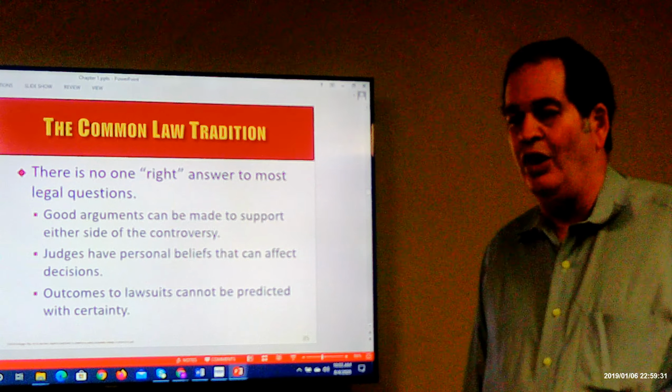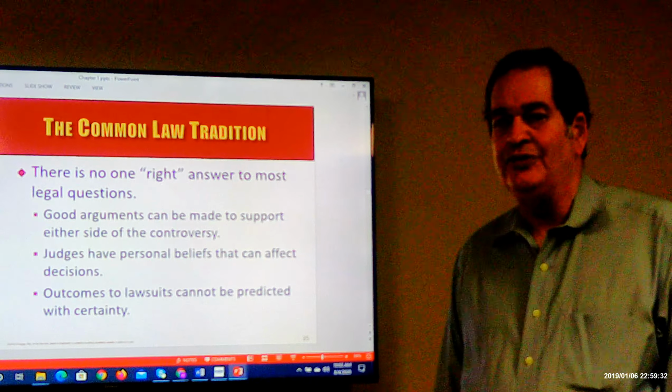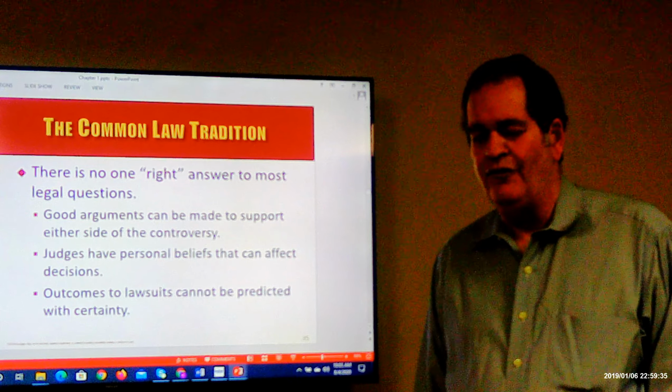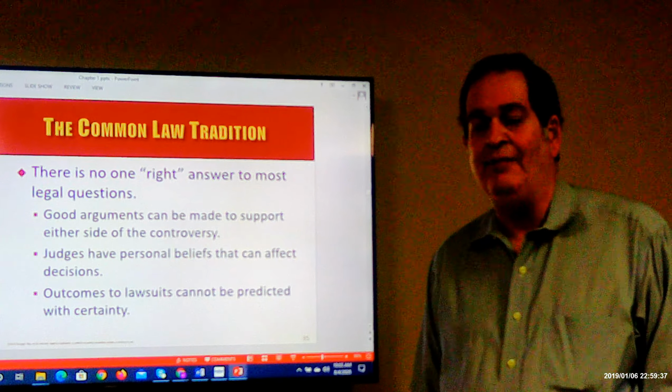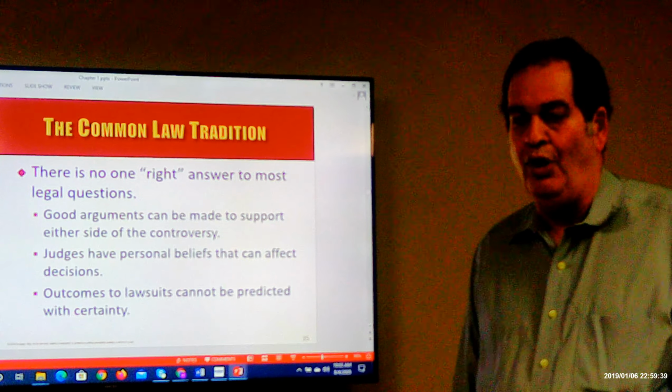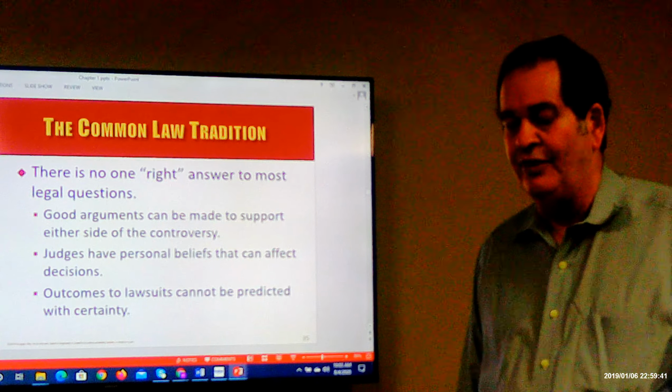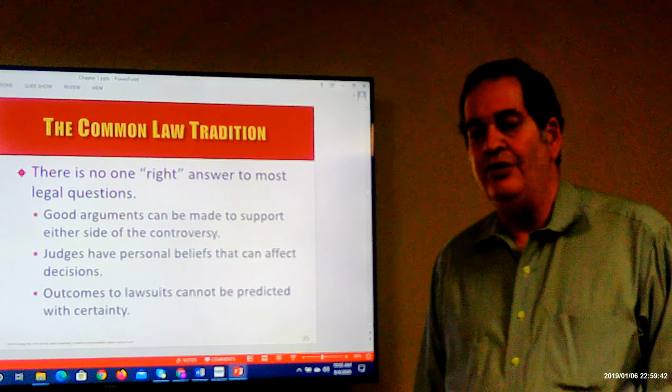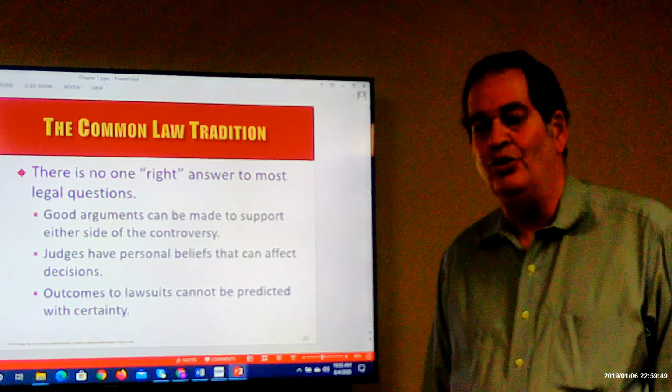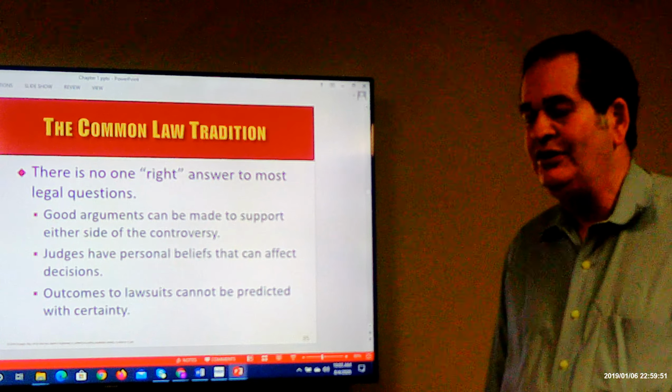The second client walks into the lawyer's office, tells the facts of the case, and the lawyer first thinks, well, based on caveat emptor, you're going to lose because you bought a blind mule and should have known better. But then the client says to the lawyer, but he told me that it could see. He told me that the mule could see well and guaranteed it.